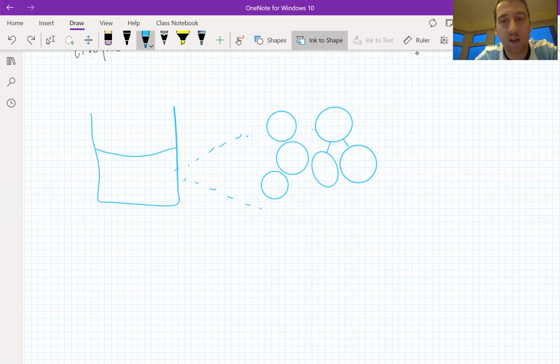These are the types of intermolecular forces holding the molecules of water together. These types of forces are called hydrogen bonds. So water molecules are held together by what we call hydrogen bonding.